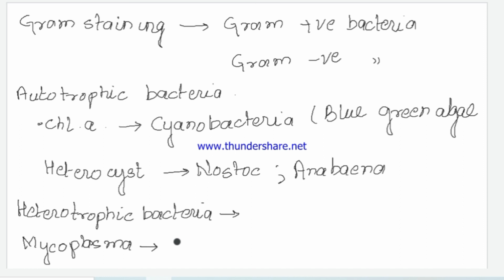So what are Mycoplasma? These are the organisms that lack completely a cell wall. They are the smallest living cells and can survive without oxygen. Many mycoplasmas are pathogenic to animals and plants.